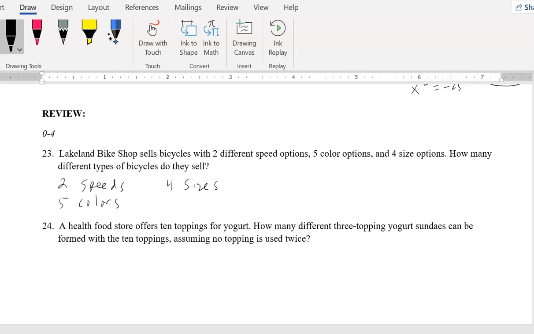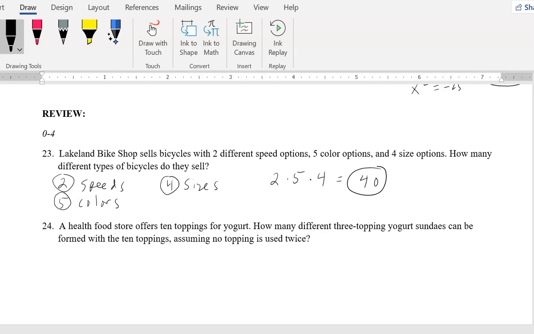So how many different bike options are there available for sale? You basically just take the total of each different category and simply multiply these together. And so the answer to number 23 would be there are 40 different bicycles available for sale.